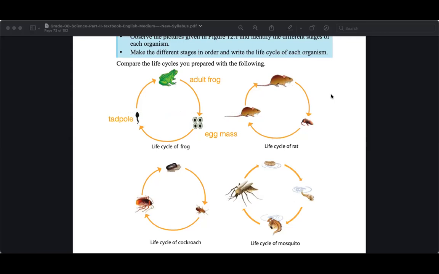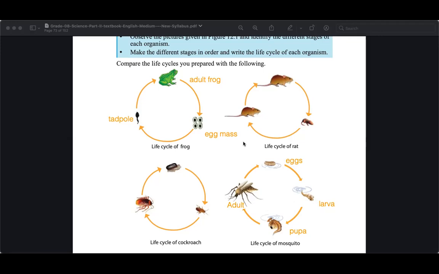Okay, for the mosquito. Again, eggs. An adult mosquito.